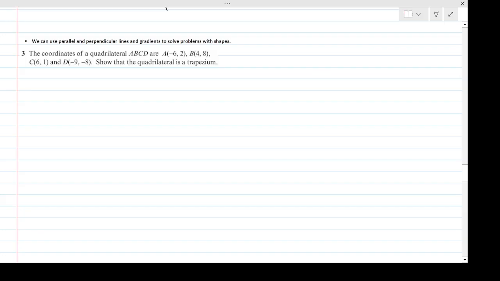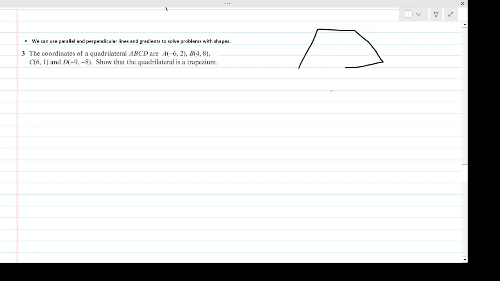And in this case, they want to prove that the shape that these 4 points make is a trapezium. Okay. And again, this comes up time and again with various topics, that sometimes questions ask you to prove a certain property of a shape. So you do need to remember these shapes from GCSE or even younger than that. In this case, a trapezium looks a bit like this.